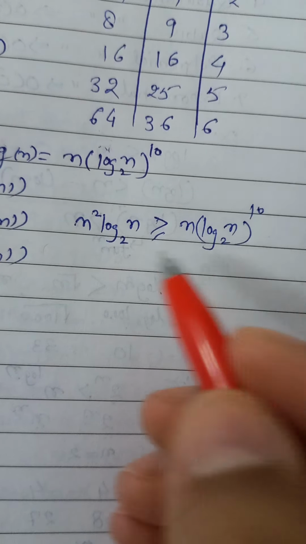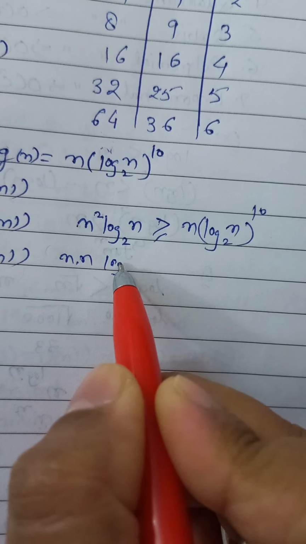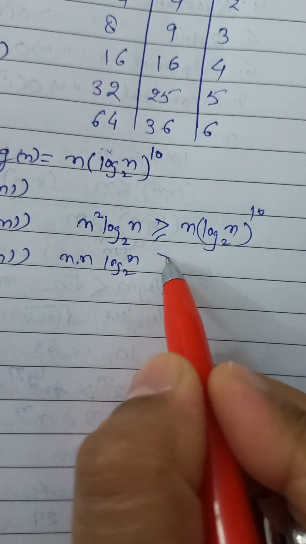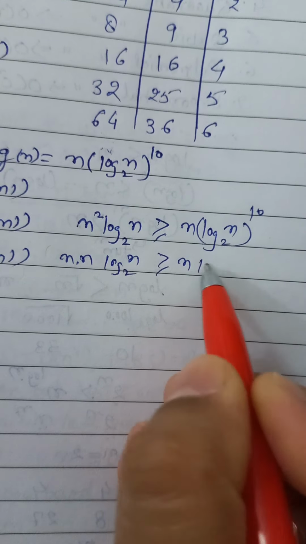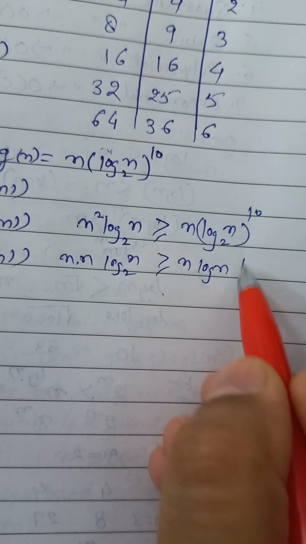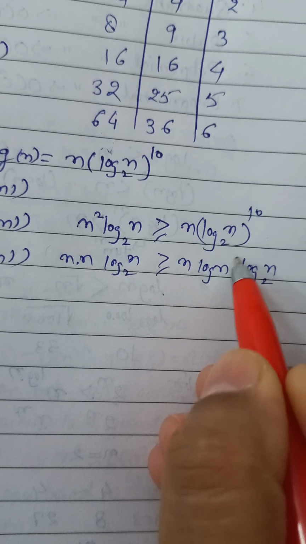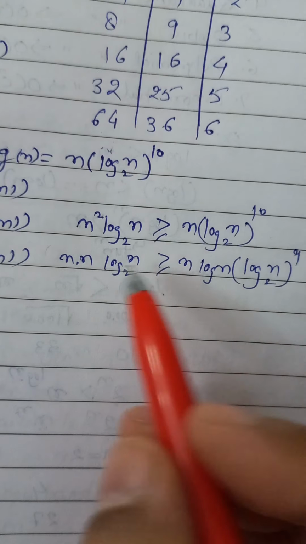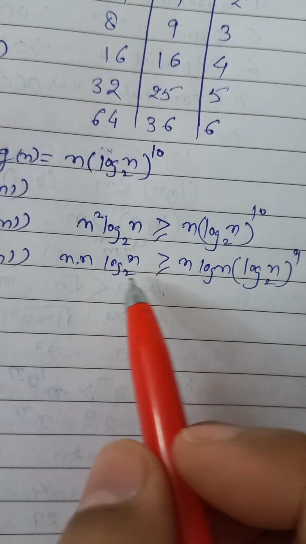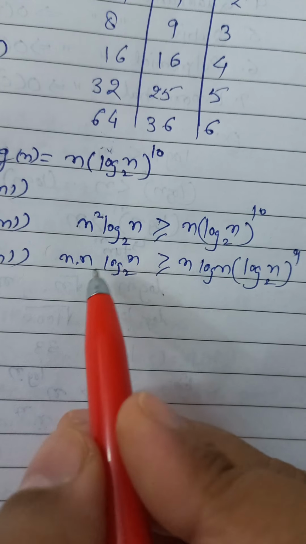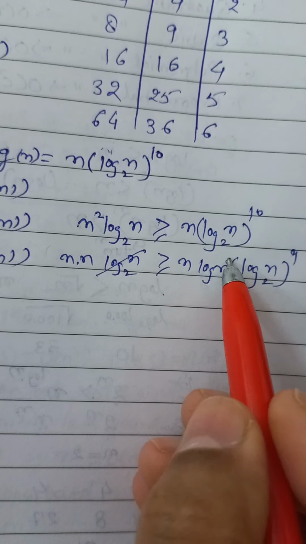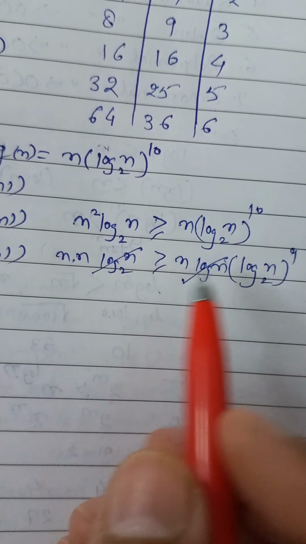So we are writing like this. Suppose we write: n dot n log n base 2 greater than or equal to n log n base 2 power n. So solving this, we can simply cancel this n log n from both sides because both are equal.